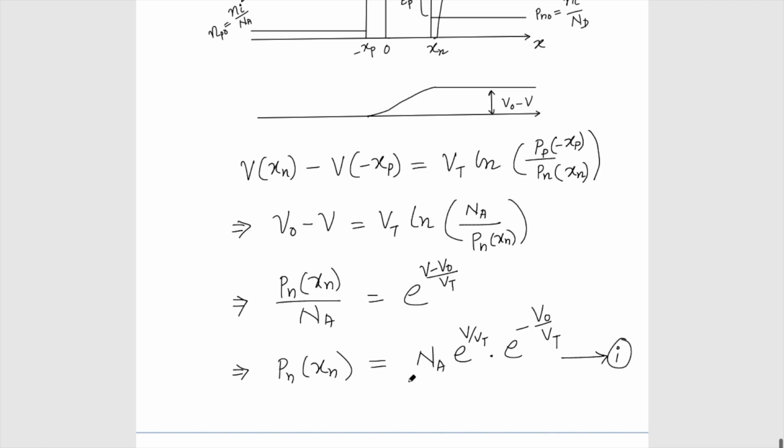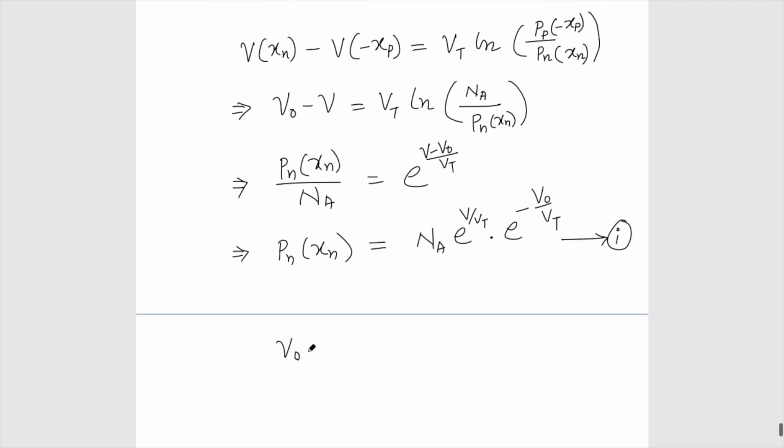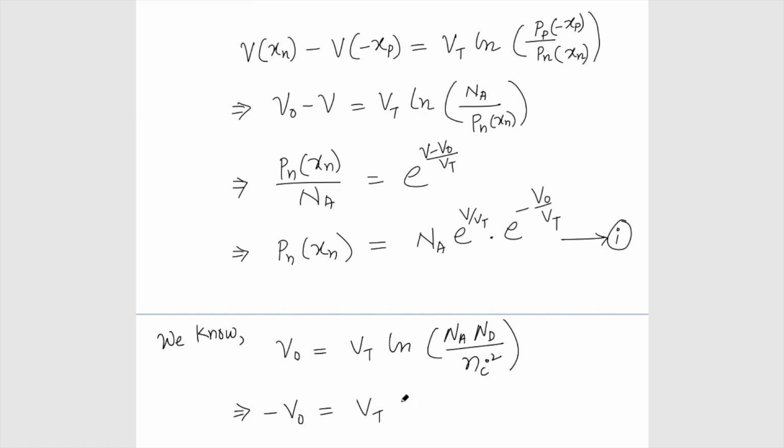And we know that V naught is equal to Vt ln of Na Nd by Ni square. Again, if I rearrange this equation, I will multiply -1 on both sides, so it will become minus V naught equal to Vt ln of Ni square by Nd into 1 by Na.